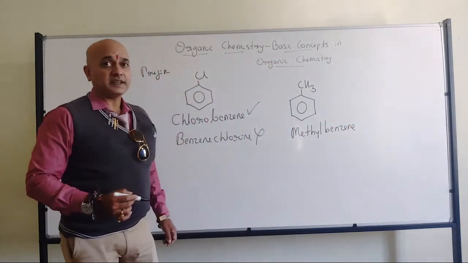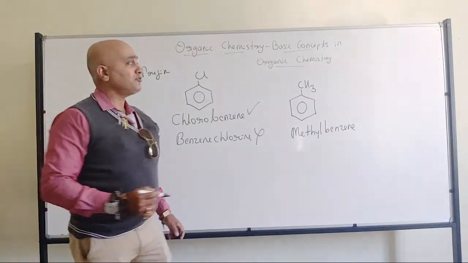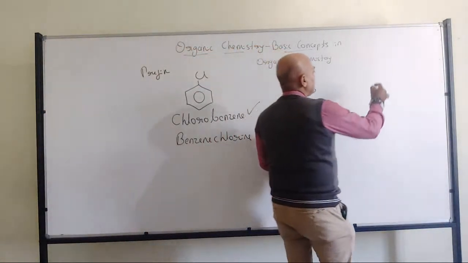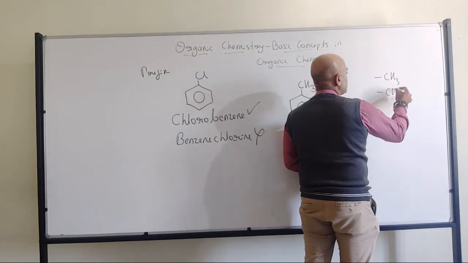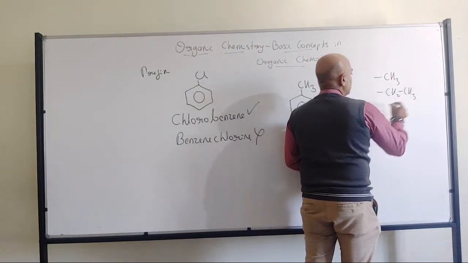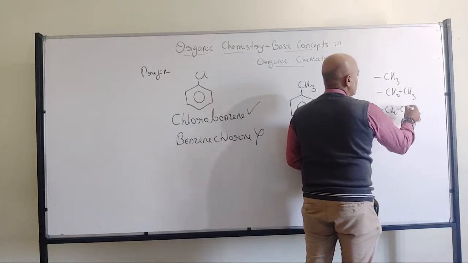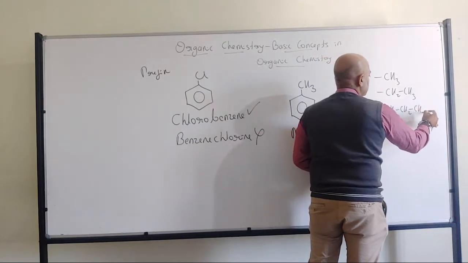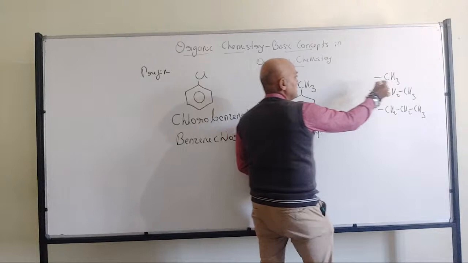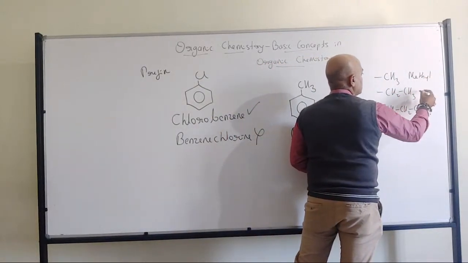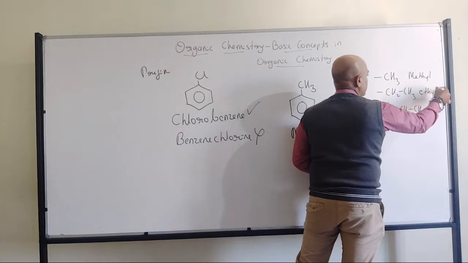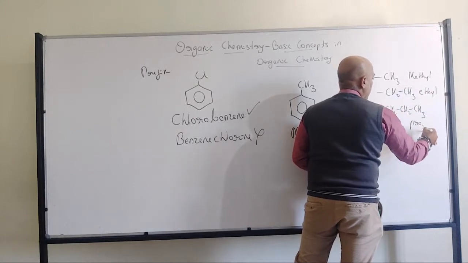Like ethyl and methyl, we have CH3, then we have CH2CH3, then we have CH2CH2CH3. Observe it carefully. This is called methyl. This is called ethyl. This is called propyl.